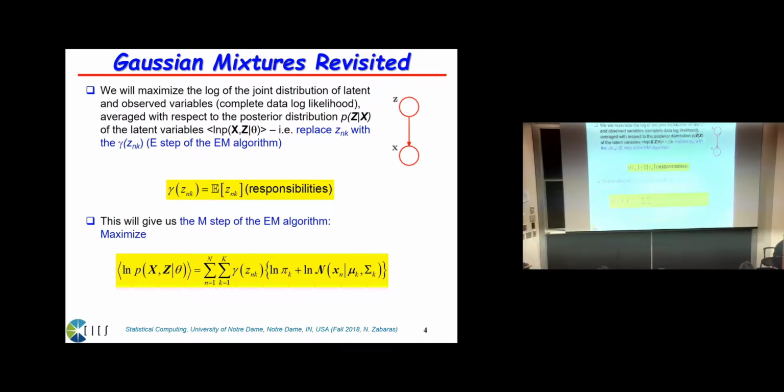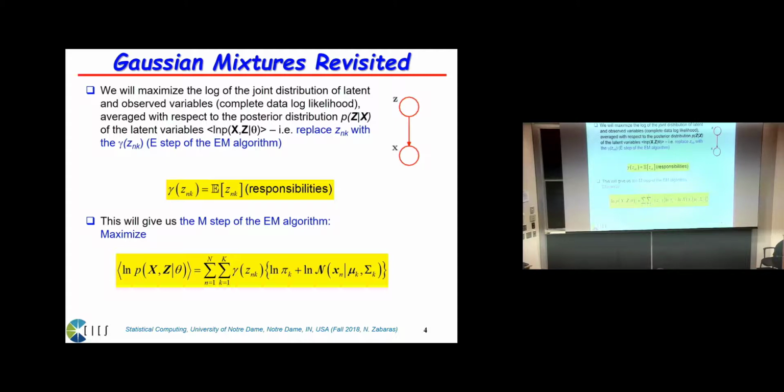So effectively, to write this joint log likelihood and take an expectation, you remember the expressions we had for the likelihood? It was the product of these Gaussians to the power z_nk, and z_nk takes the values 0 or 1. Similarly, we had the prior, which was pi_k to the power z_nk. When you take logs, you get z_nk outside, and inside you get these two terms.